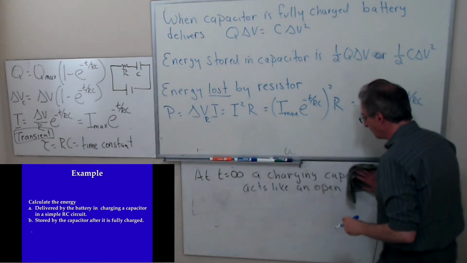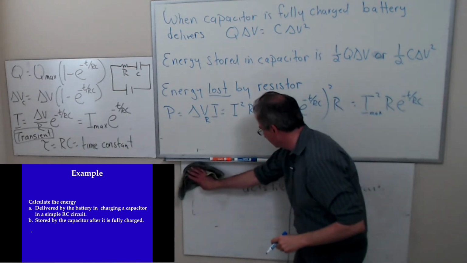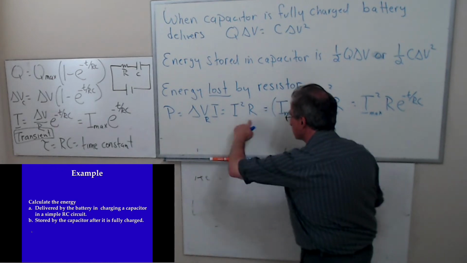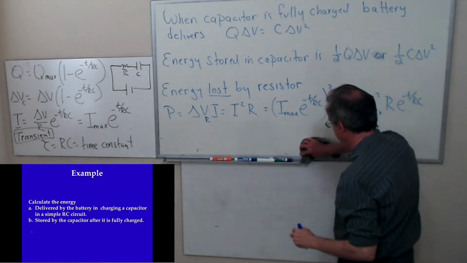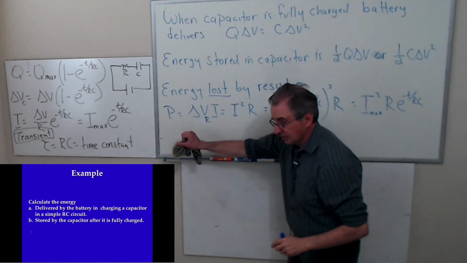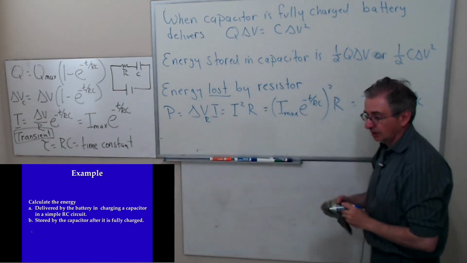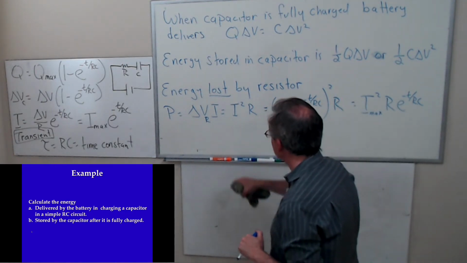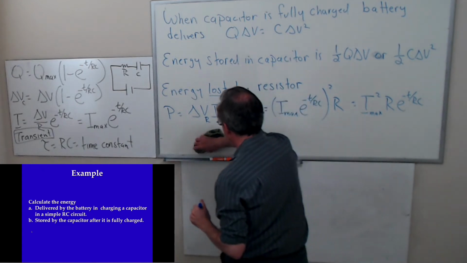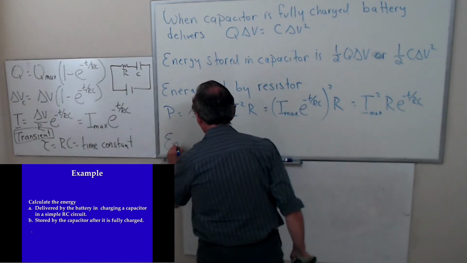So how do I figure out how much energy is lost from this? What do I do? How do I get from this to energy? Do you integrate it? Yeah.